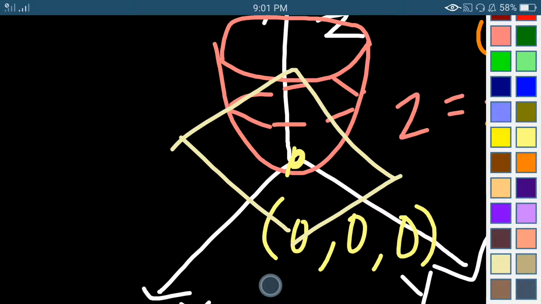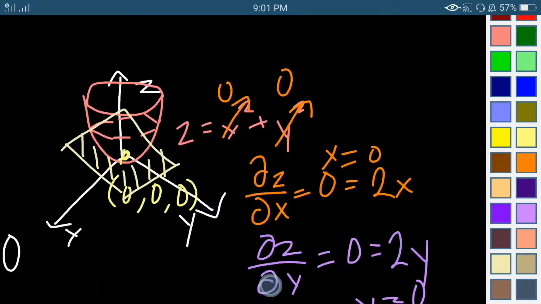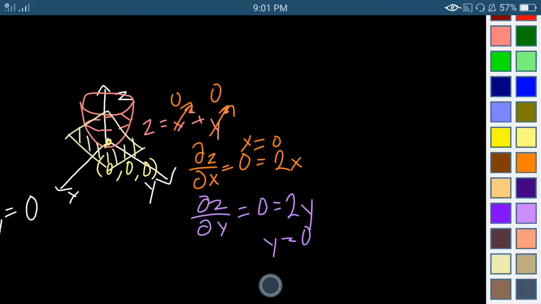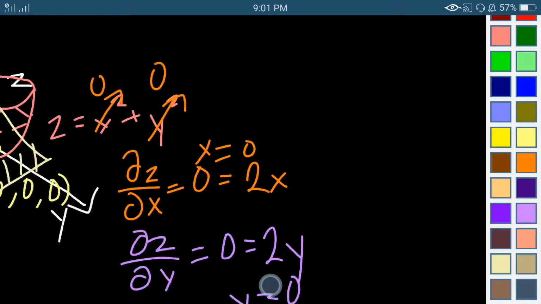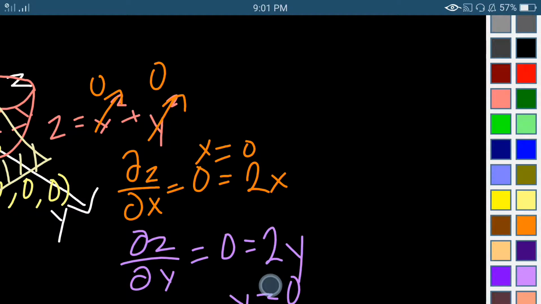Well, one way is to graph it out, but that's quite inefficient, and we have a much more efficient way to do things, namely the second derivative test.